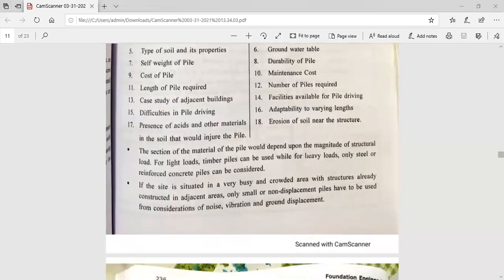So this presence of acid and other materials in the soil could injure the pile, right?